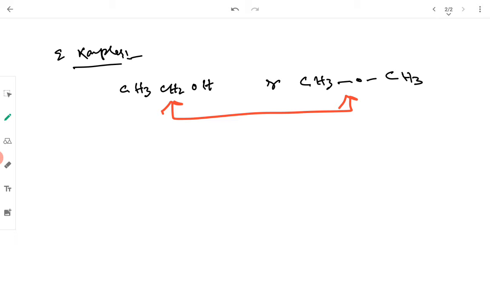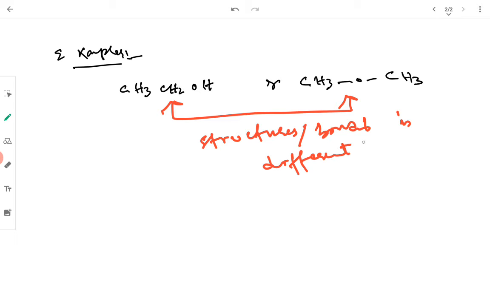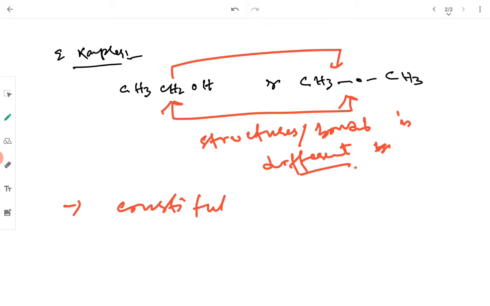But their structures or bonding is different. They have different bonding. So such isomers are known as structural isomers. So this ethanol is a structural isomer of dimethyl ether. They are also known as constitutional isomers. Means their constitution is different.